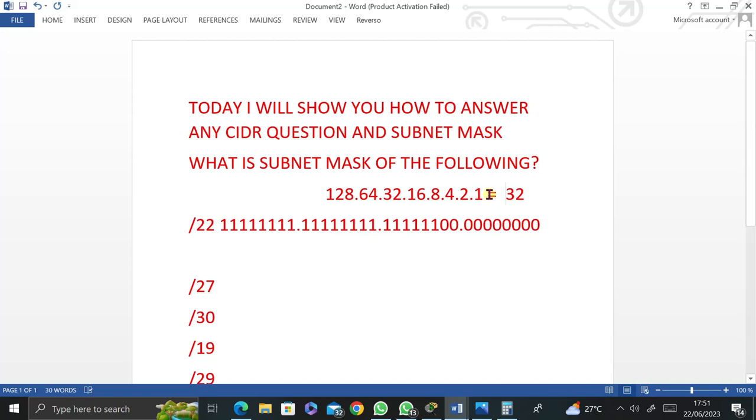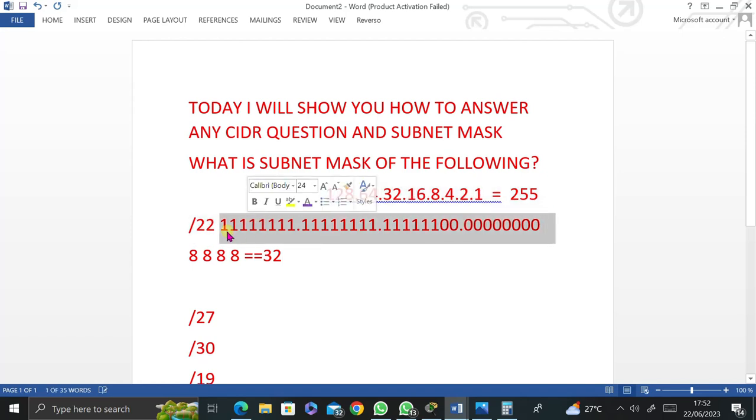Everything here is equivalent to 255 for each octet. If you write 8, 8, 8, and 8, it will be equivalent to 32 bits.